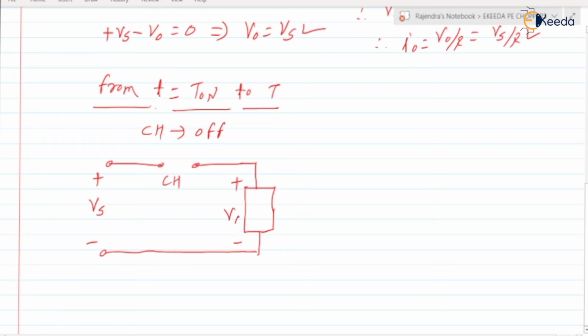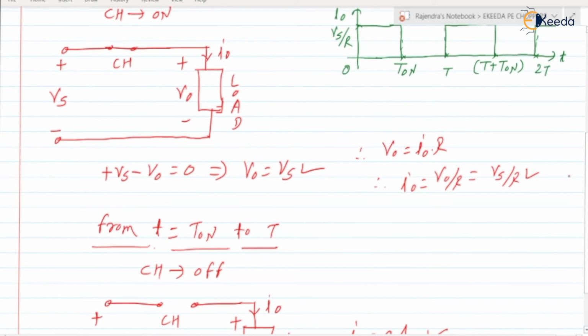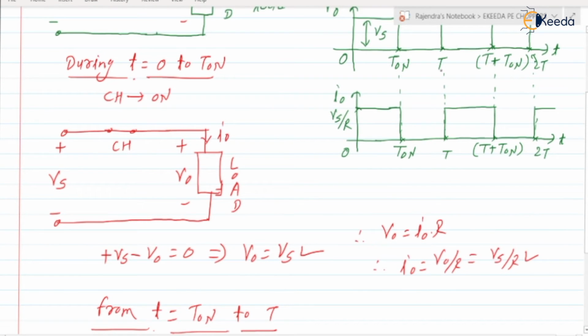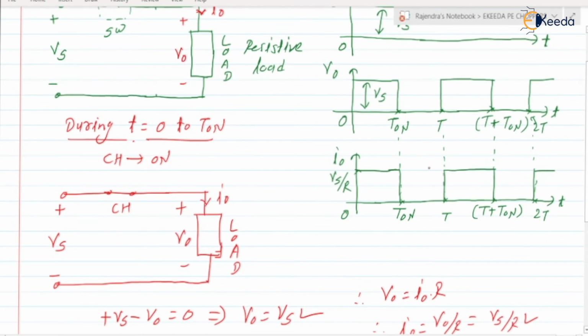This voltage is V0, the current is I0, and here is the load. Since the chopper is in the off state, I0 is equal to 0 ampere. If I0 is 0, what about V0? V0 is equal to I0 into R, so it is also 0 volt. So during t on to T, V0 and I0 are both 0.